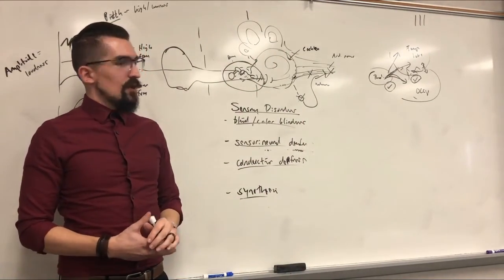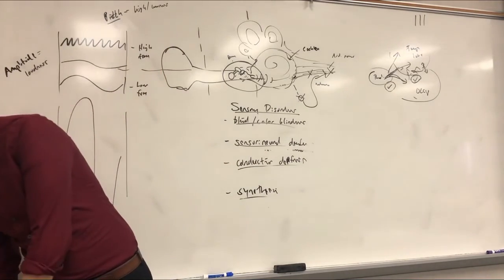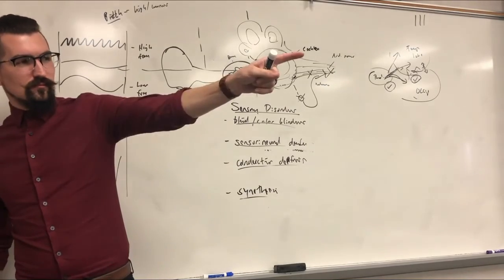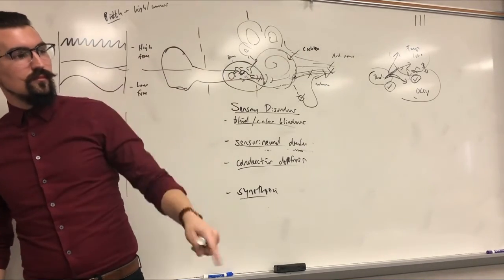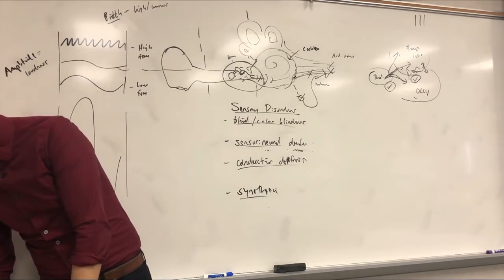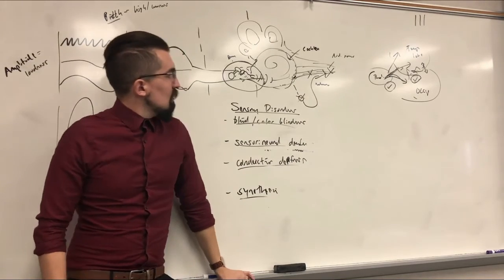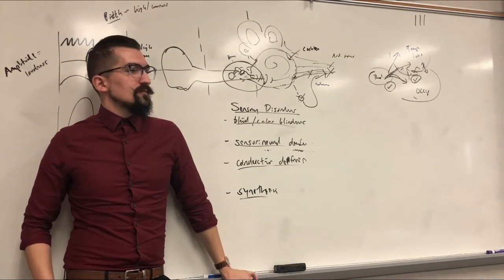All right, cool. What about sensory neural hearing loss or deafness? How would that work? Well, like when your receptor hairs are not functioning correctly. Okay, so where's the problem then?